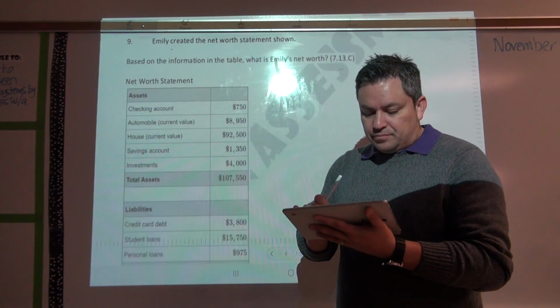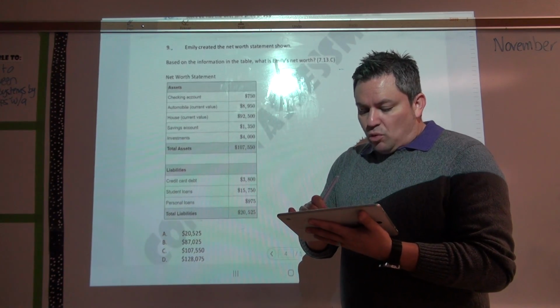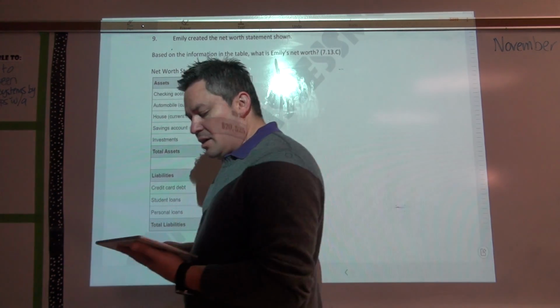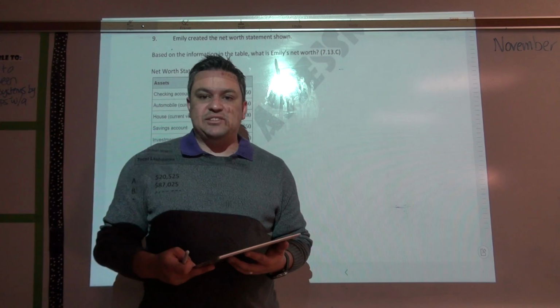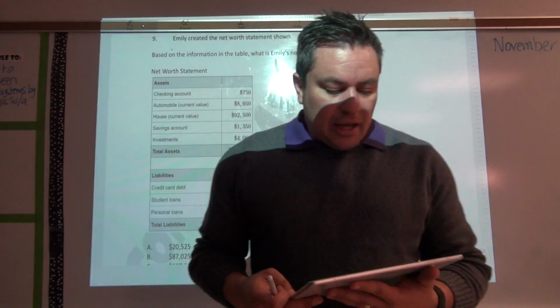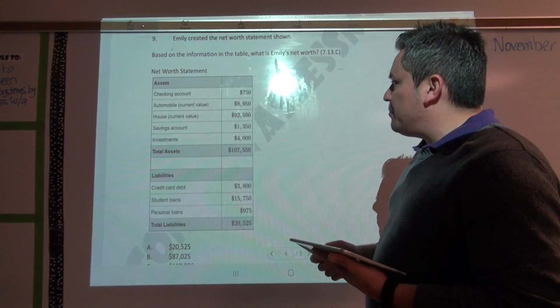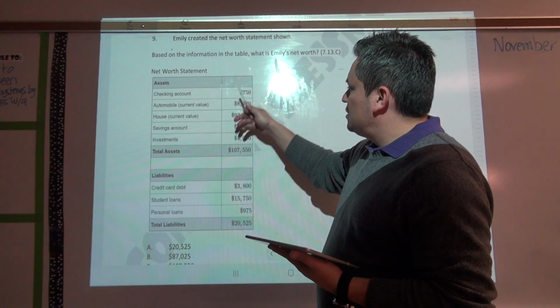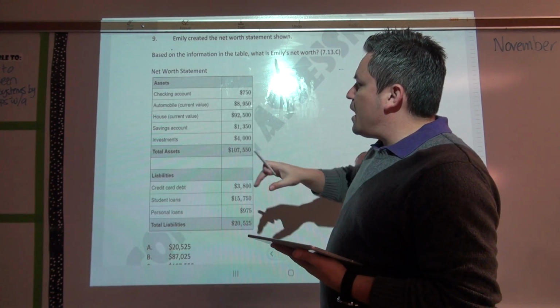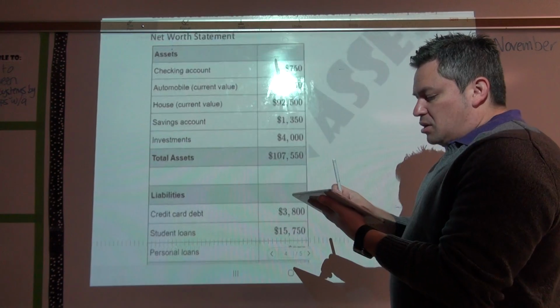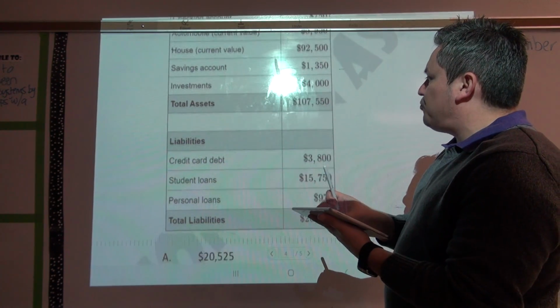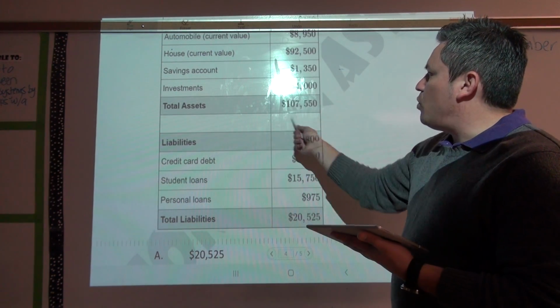Number 9. This one was so easy. This was a net worth question, okay? And we're given a table. It says net worth statements. We have a few assets: checking account, auto, house, savings account, investments, for a total of $107,550.